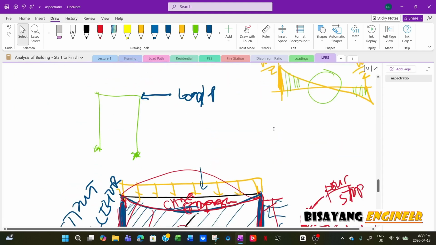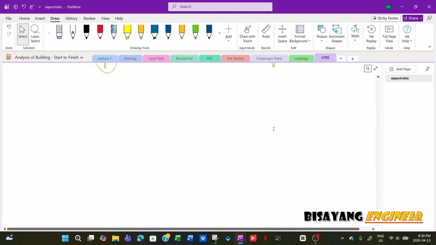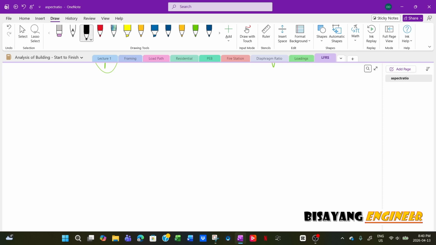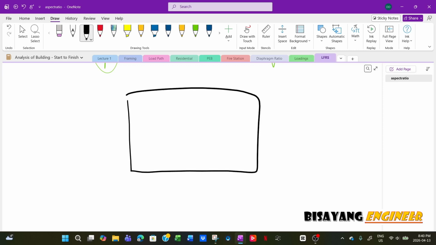What happened is, I think the project was a garage, and if you have a garage like that, they want this whole thing as wide as possible, where whatever is left here will not meet the aspect ratio.